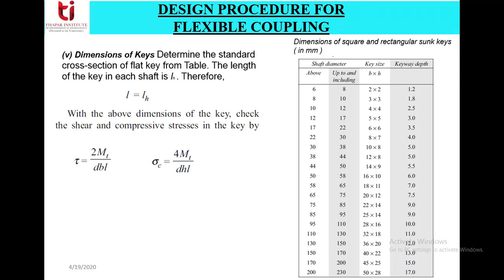We need to provide the geometric dimensions of pins and bushes. We need to provide the geometric dimensions as well as the cross section for the keys. So there are 4 or 5 parameters in the design procedure of a flexible coupling. Let us move forward towards certain illustrative examples.